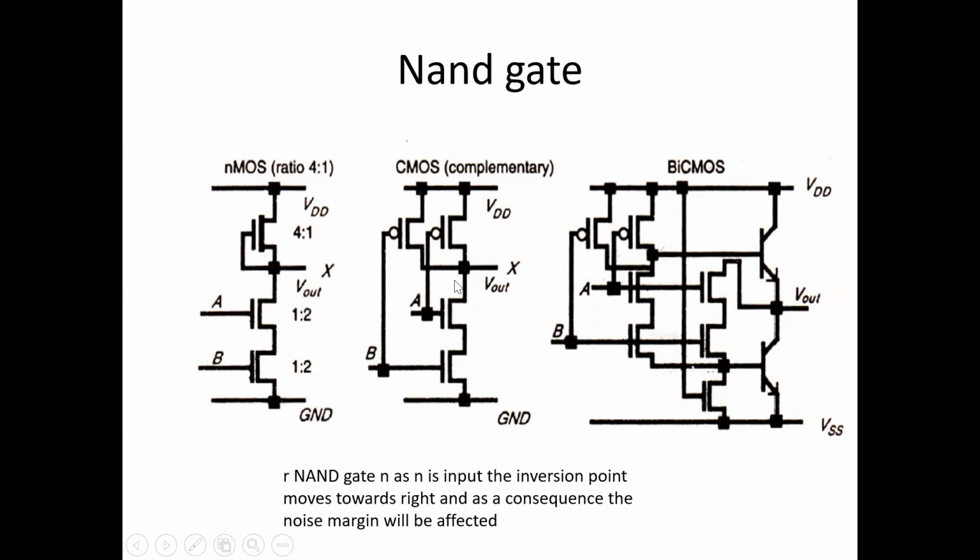Coming to CMOS device, the static dissipation is minimum, ideally speaking, 0. And in a CMOS NAND gate, an adjustment in the transistor geometry may be necessary to keep the transfer characteristic symmetrical about VDD by 2.